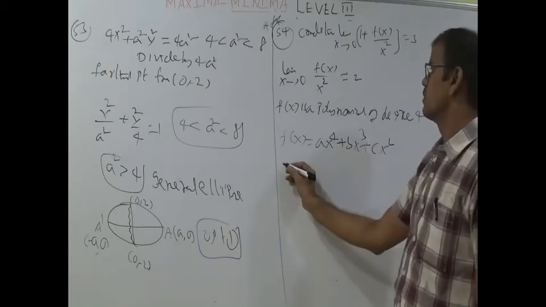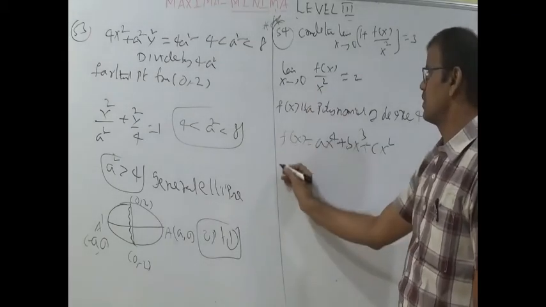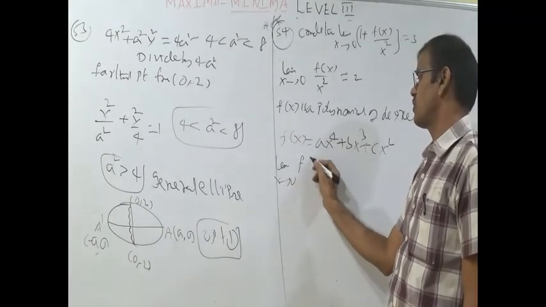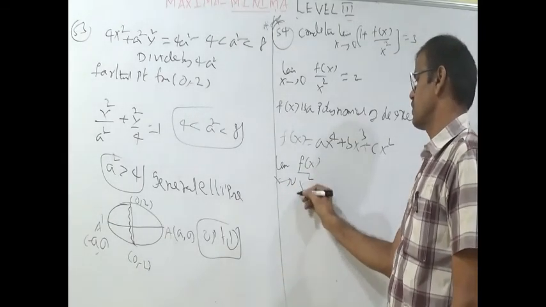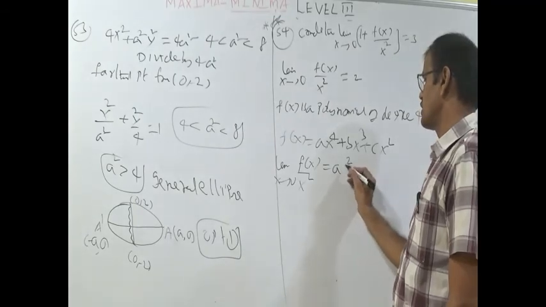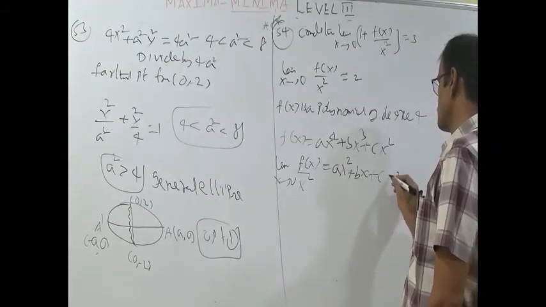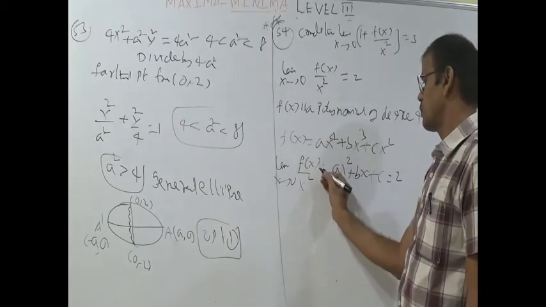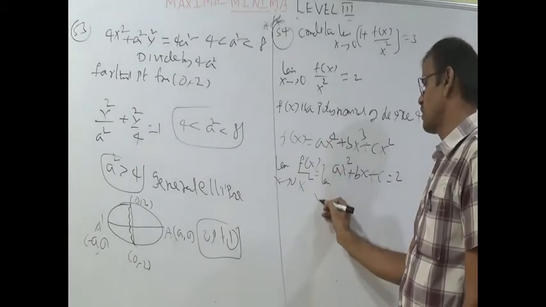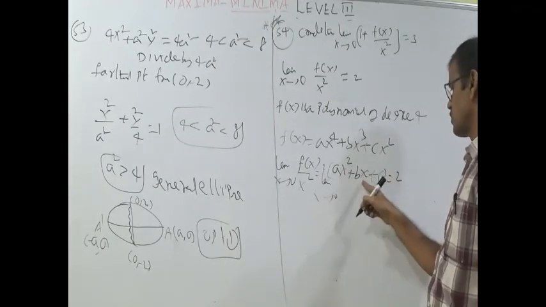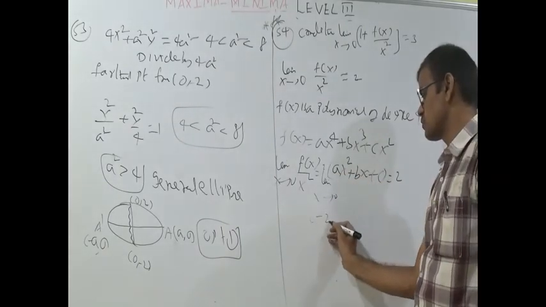Now limit x tends to 0 of f of x by x square is equal to ax square plus bx plus c, which equals 2. Applying the limit x tends to 0, this becomes 0 and this becomes 0, so c is equal to 2.